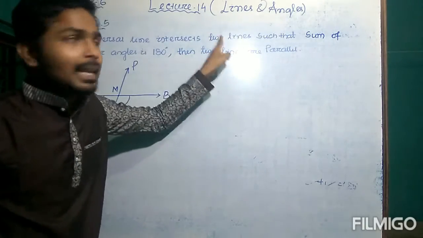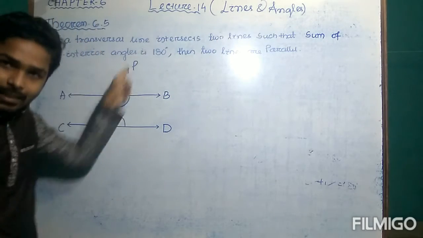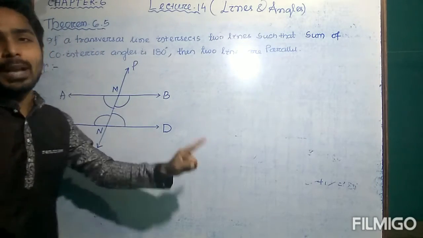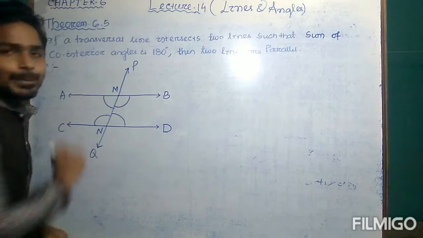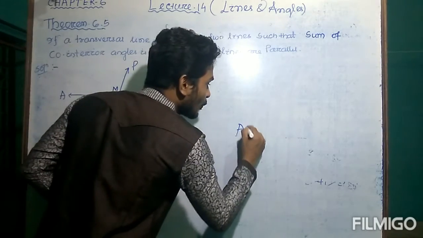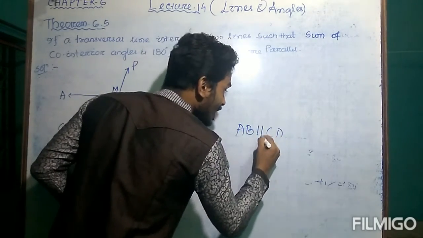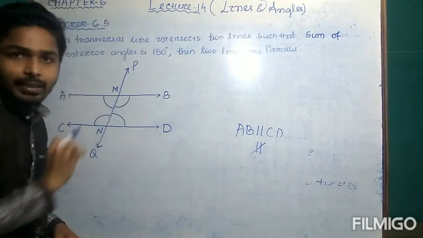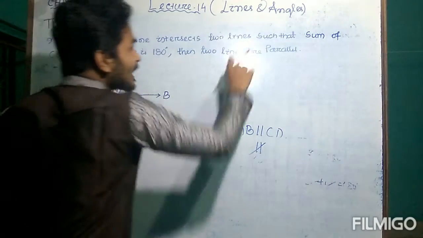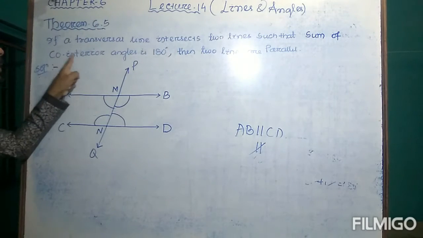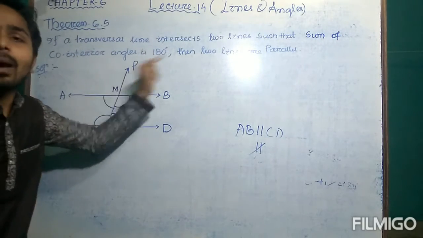No, it is not given. It simply says that the transversal line intersects any two lines, AB and CD. Right? It is not given whether AB and CD are parallel or not parallel. It is not given. Okay? So that the sum of co-interior angles is 180 degrees.